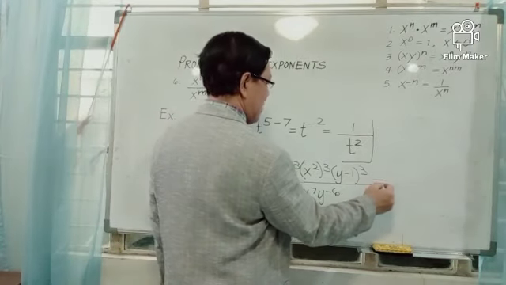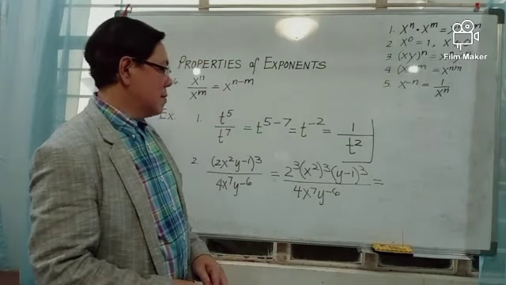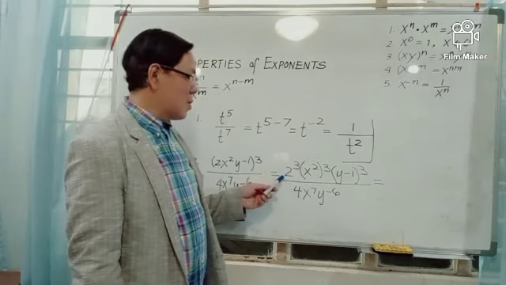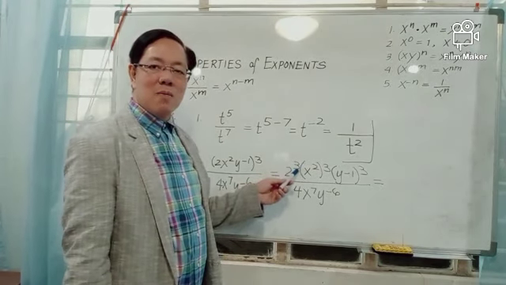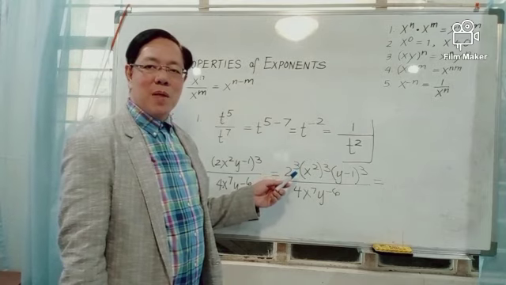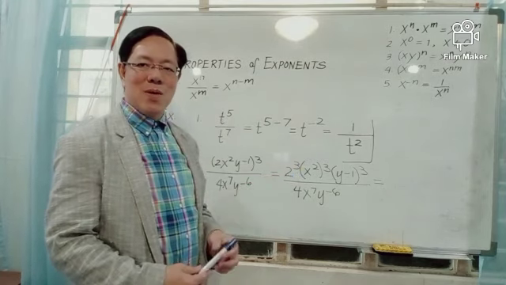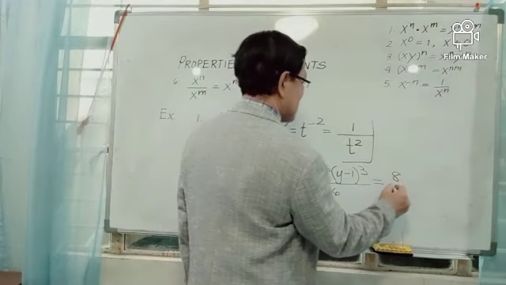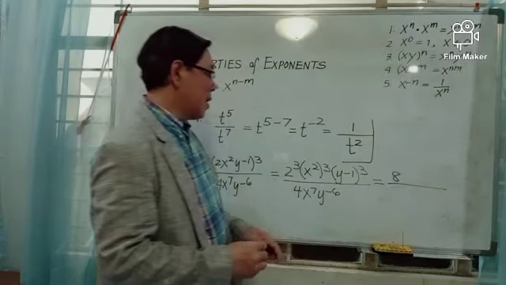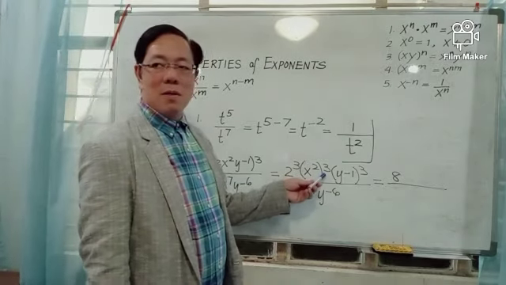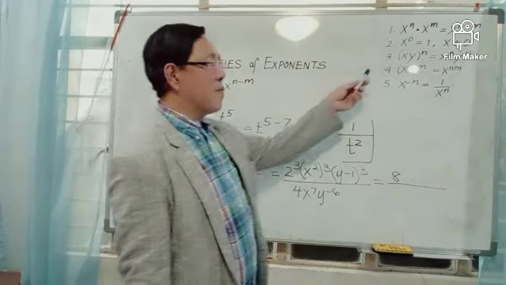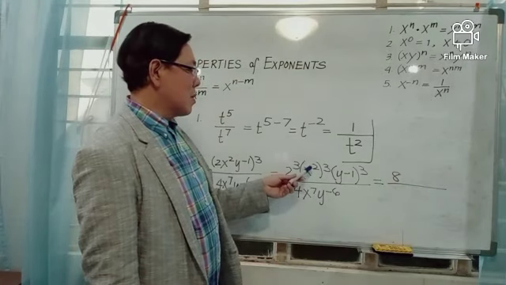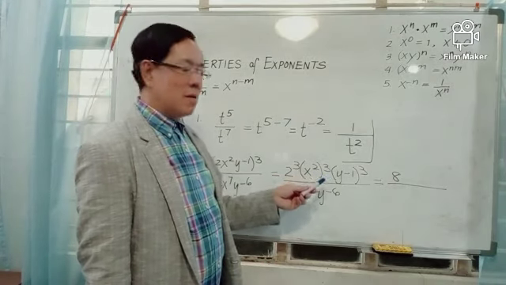And we simplify the numerator. 2 to the power 3 means you multiply 2 by itself 3 times, so 2 multiplied by 2 multiplied by 2 is equal to 8. 8 multiplied by x squared raised to 3, by the 4th property, is x to the power 2 multiplied by 3.